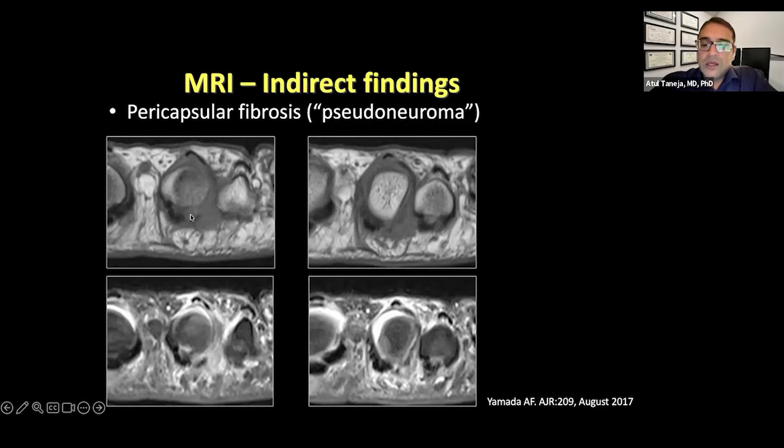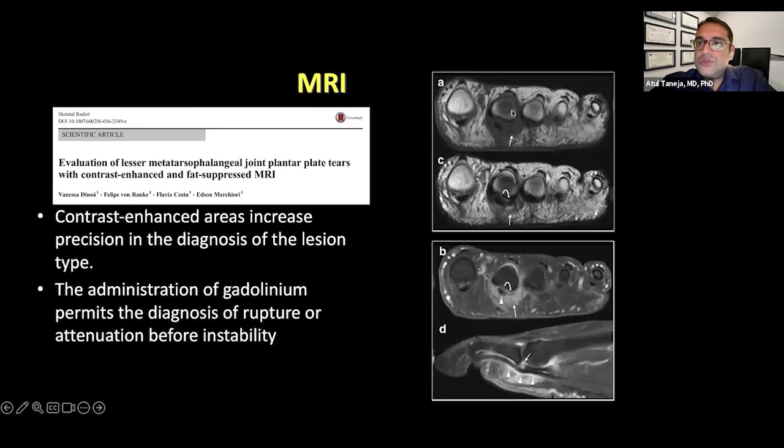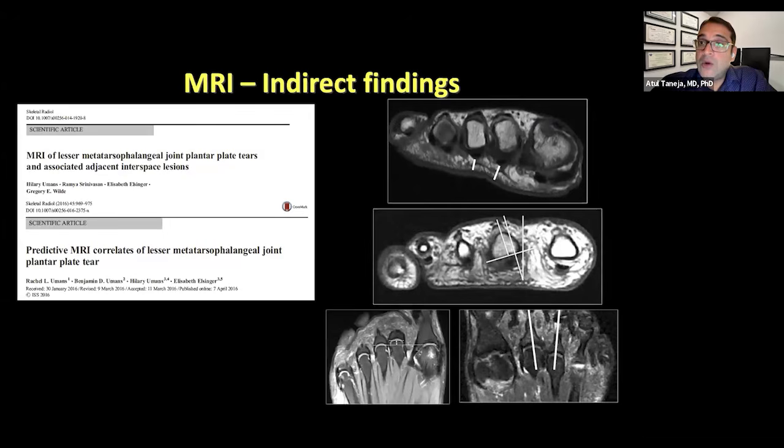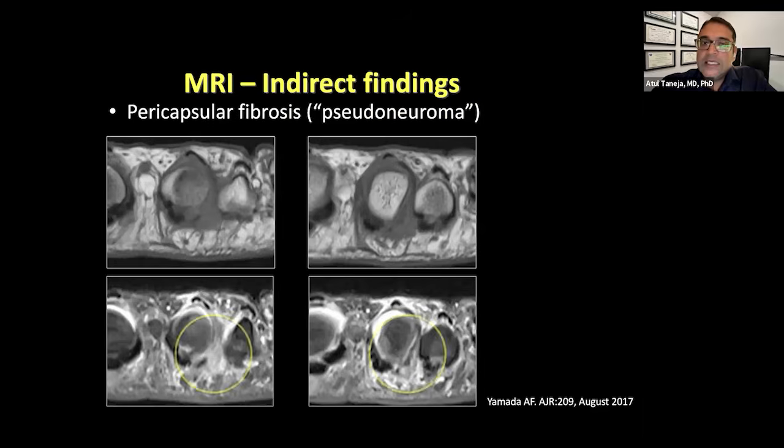But well, Atul, you just showed we should use the T1 to find a neuroma. So now you're talking about a pseudoneuroma. How can we differentiate that? Easy. The pseudoneuroma is not going to be in the median aspect of the interdigital space. It's going to be more skewed towards one of the quadrants. In this case, we draw a line through the intermetatarsal space, and then we have four quadrants.